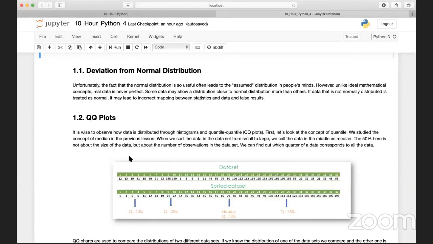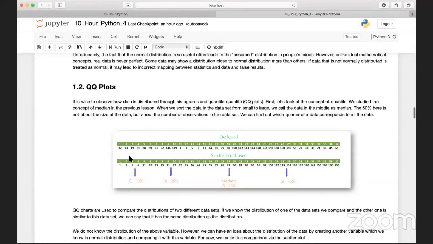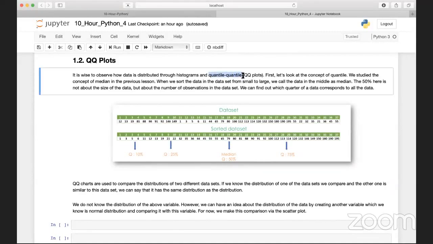Okay. So in this part, I will talk about QQ plots. QQ plots, which are known as quantile plots, help us to understand if any data follows normal distribution. Actually, QQ plots can be generalized to any other distributions. You can check if data fits a Poisson distribution, uniform distribution, binomial distribution, any kind of distribution.